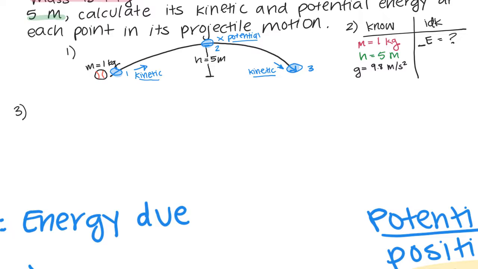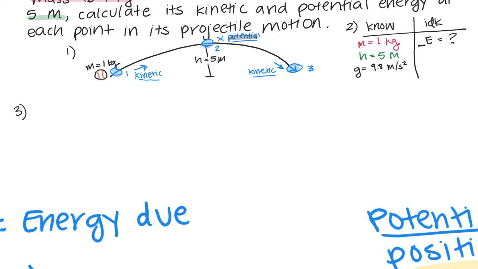Remember, kinetic energy is the main form of energy at both points 1 and 3 in the baseball's motion. We cannot solve for them yet because we are not given a velocity. You do need velocity to solve for kinetic energy. What we can solve for right now is potential energy. We are given the object's mass and its height.